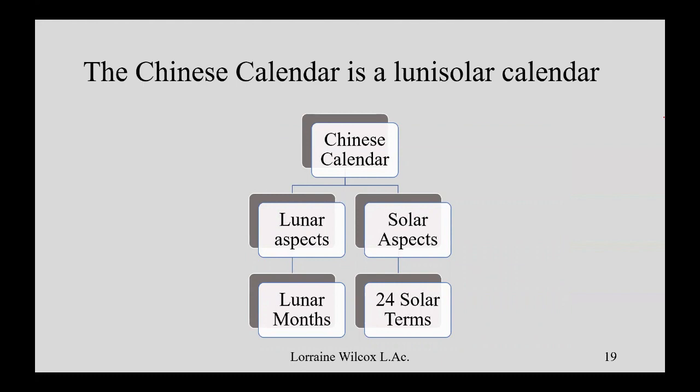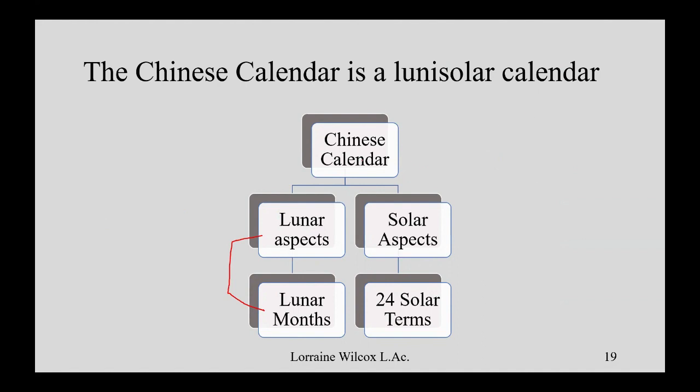So the Chinese calendar is pretty complex. It's what we call a lunisolar calendar, which means it has lunar aspects and it has solar aspects. Okay, so the lunar aspects are that there are lunar months, which start with the new moon. When the moon is totally dark, that's always the first day of the lunar month.